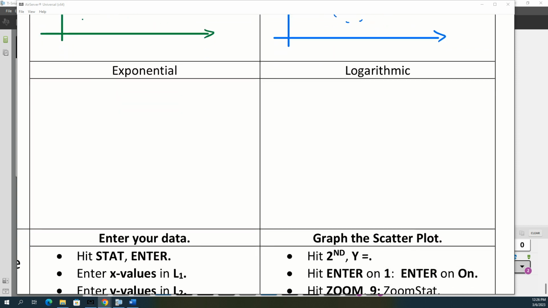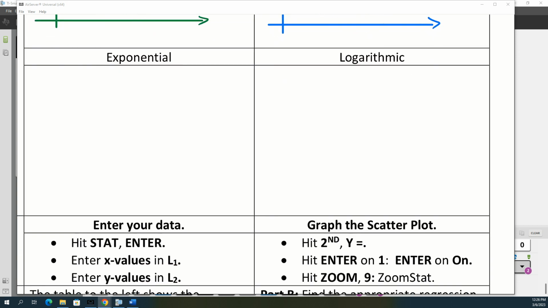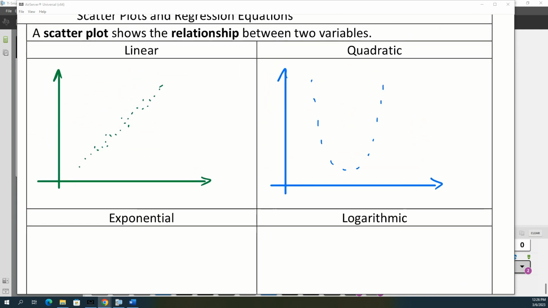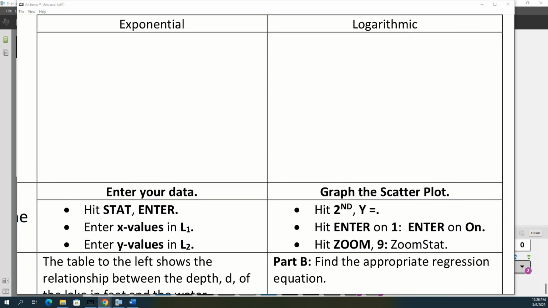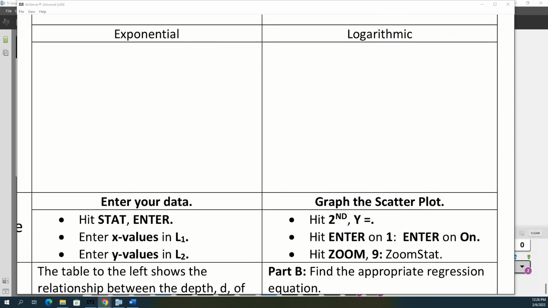All right, and then these two at the bottom are new this year. They're not ones that you had learned about in previous classes, I don't think. For exponential, I'm going to fit in two little graphs here. One is exponential growth, and the other is exponential decay.